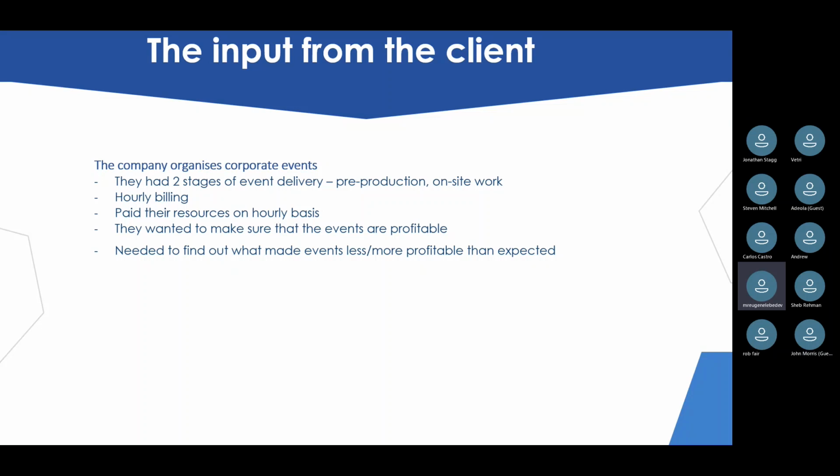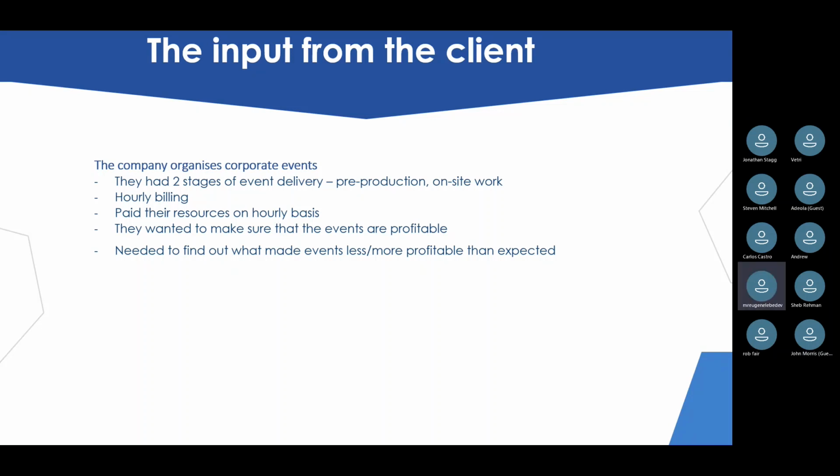It also gets invoices from its resources by the hour. So there is hourly billing and hourly expenses. So their business problem was making sure that their events are profitable and finding factors for why profitability could vary versus the expectation. So those are the problems that the clients came with.